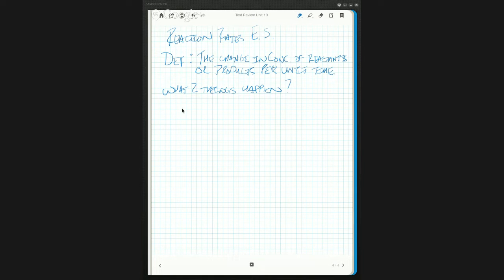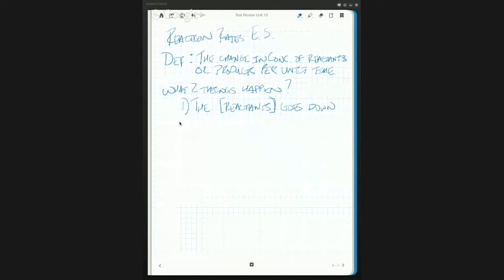And if you see something like this, the brackets mean concentration. So the concentration of the reactants goes down, and that would mean that the concentration of the products goes up.